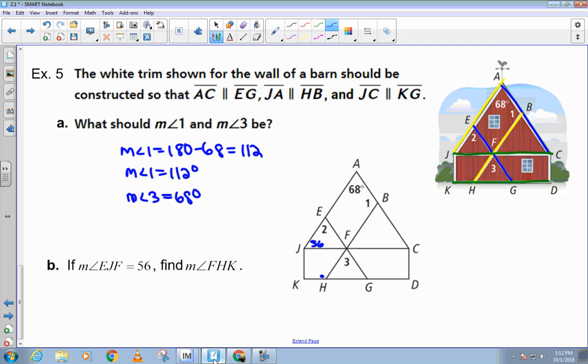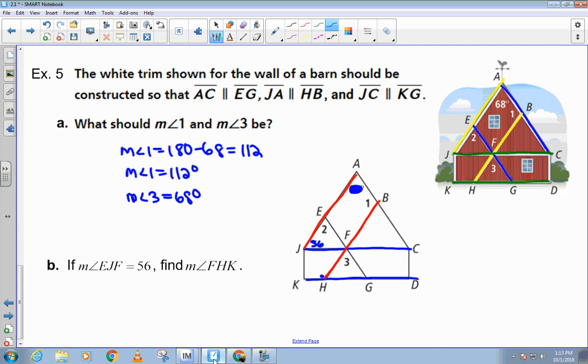Remember our parallel lines, okay? We have this line, we also have these two lines that are parallel. What did we find here? No, 68 no longer is in play. New problem. Okay? Because this is what we're doing now.